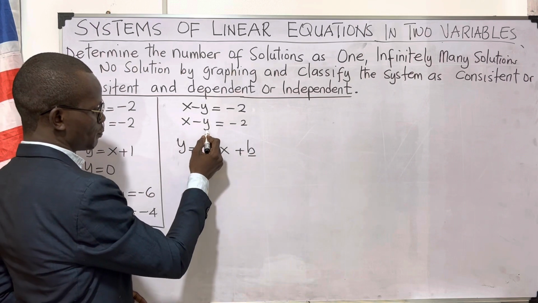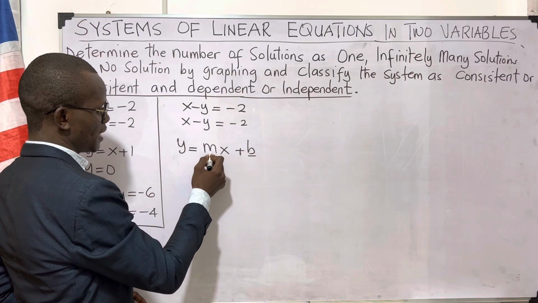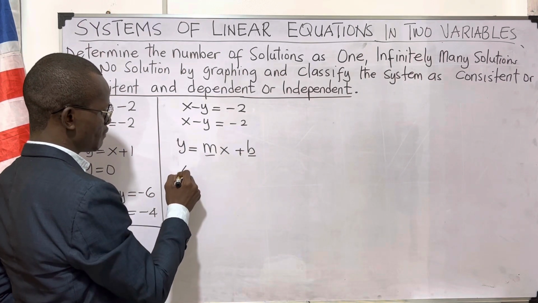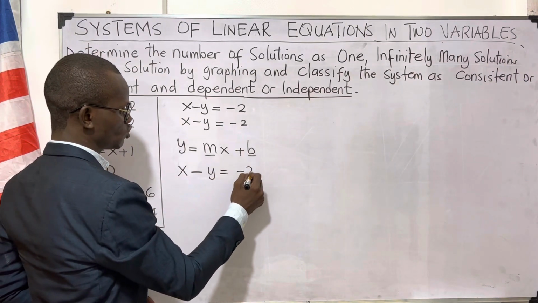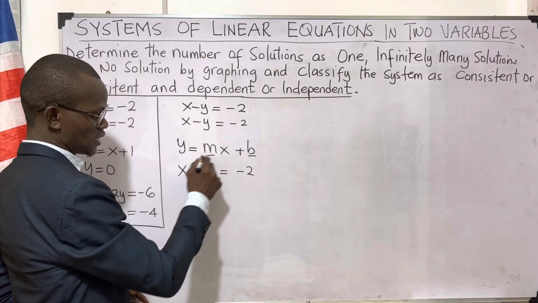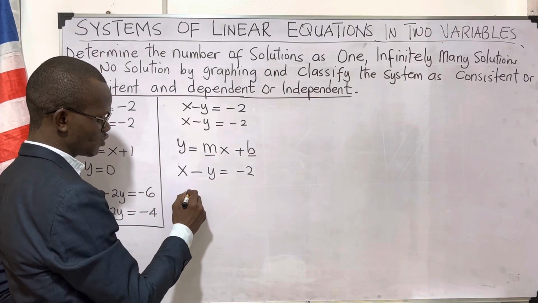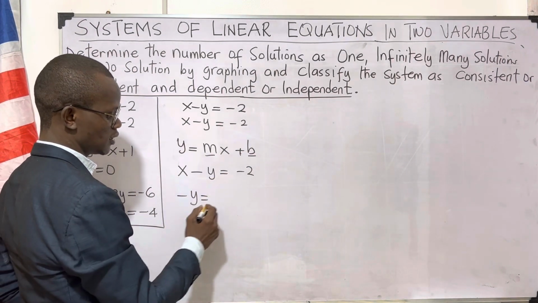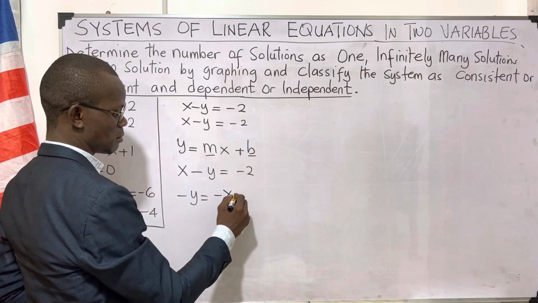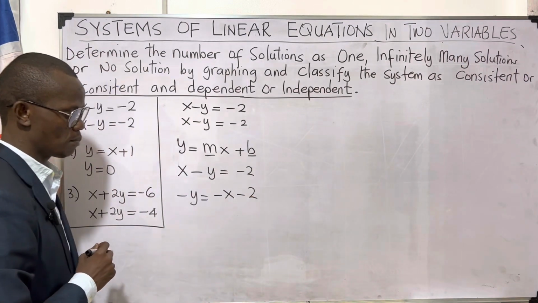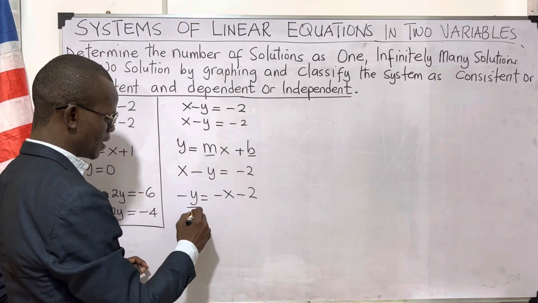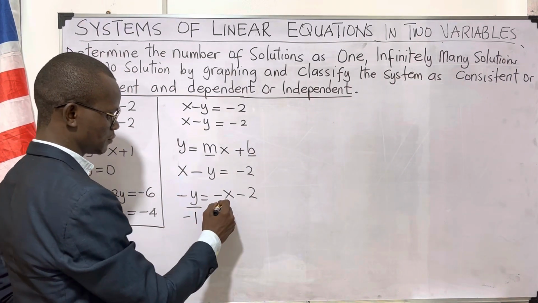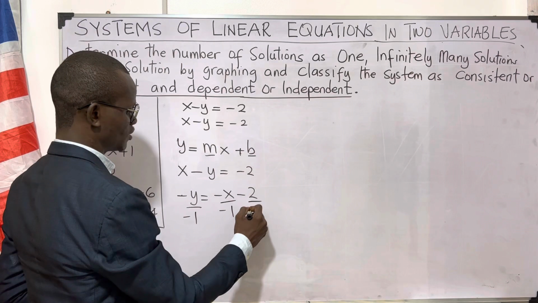Let's take one of the equations: x minus y equals minus 2. We send this x across the equal sign, and we have minus y equals minus x minus 2. Then we divide all sides by minus 1 to get rid of the negative.